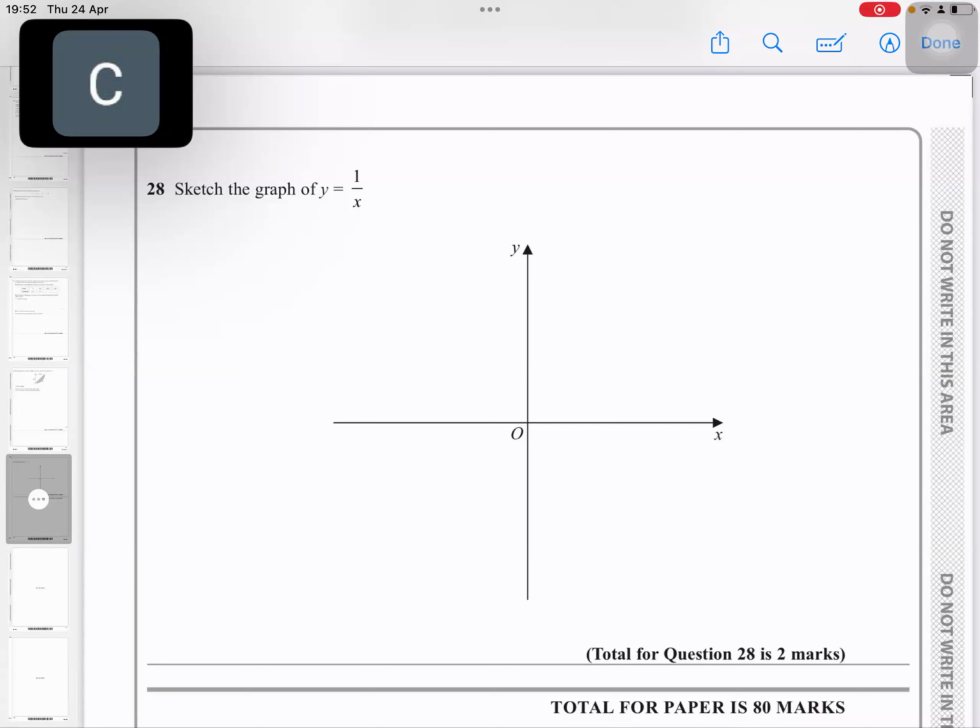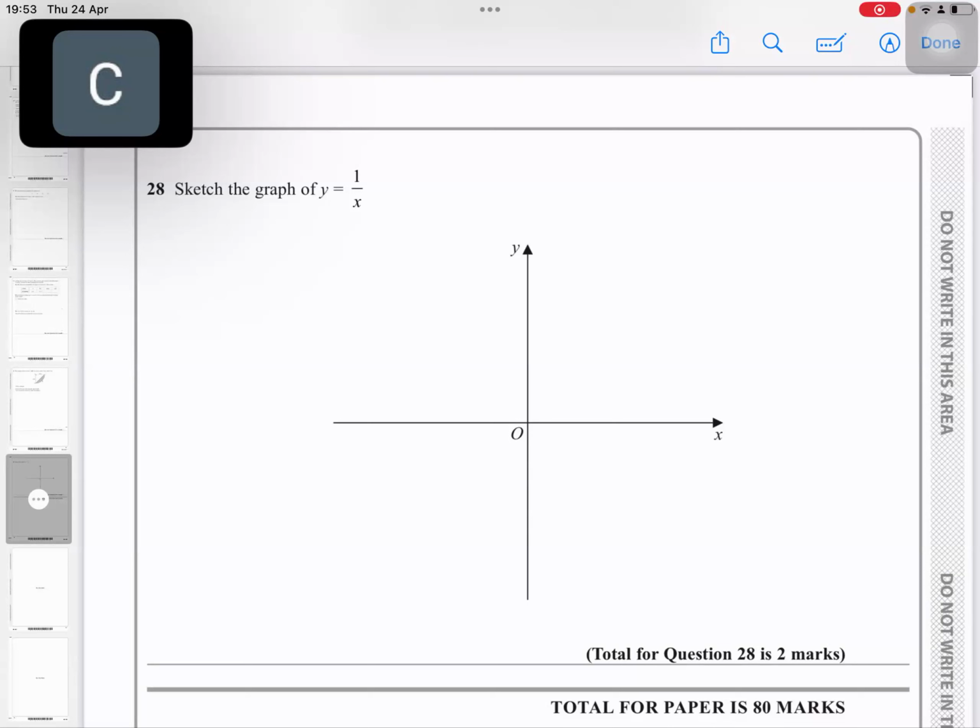Okay, so let me see. The graph of this, it looks like it's going to be a curve, right? But there will be no value for 0. So it's going to be a curve on the lower left quadrant, and then on the upper left quadrant.